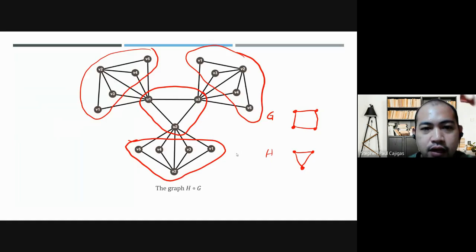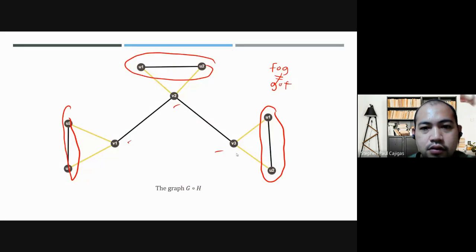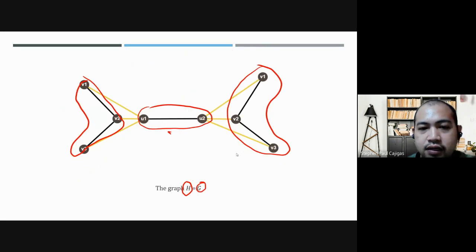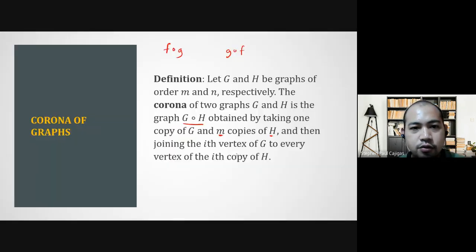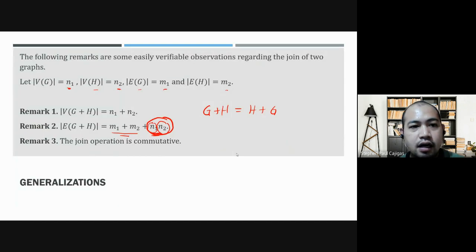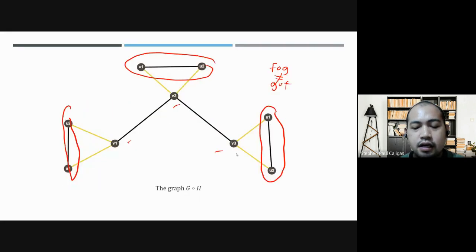So, we will count. Tapos, see if you can find a pattern, like for the join, if we can make a formula of sorts for the number of vertices and edges for the corona.